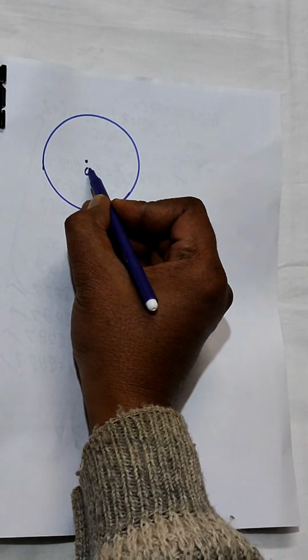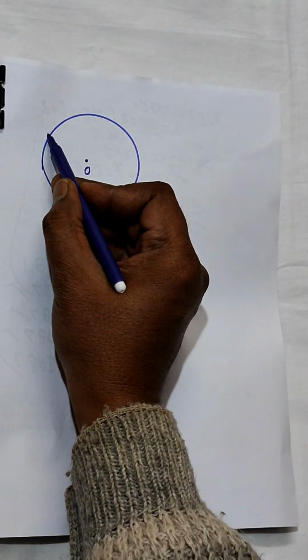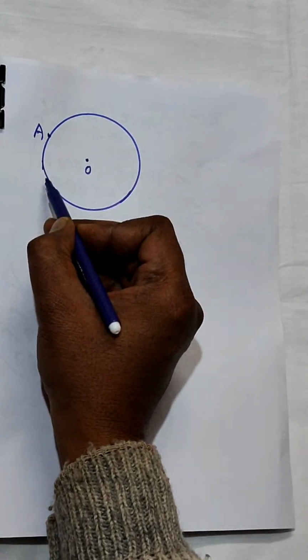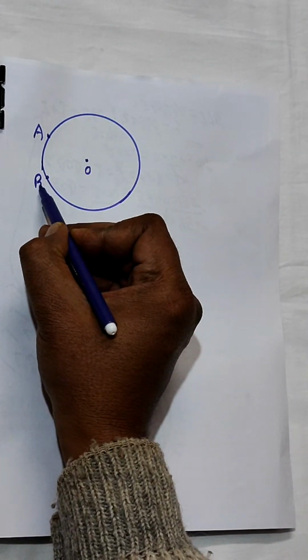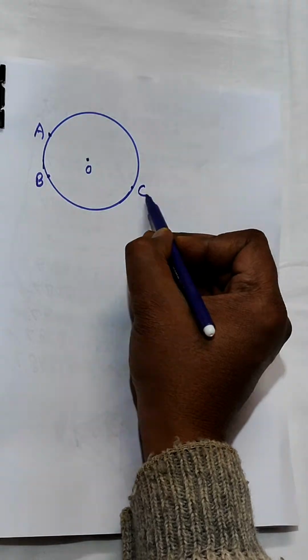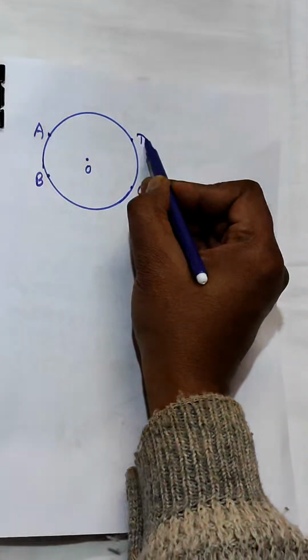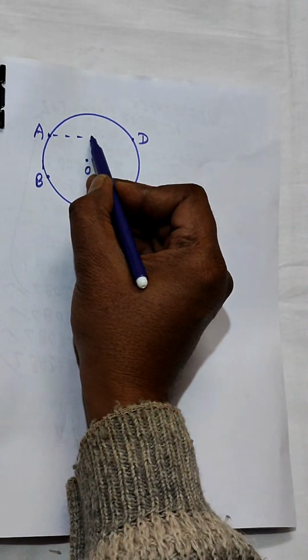If this is the center of the circle, then here it's A, then B, then here C, then here D. This rectangle is formed.